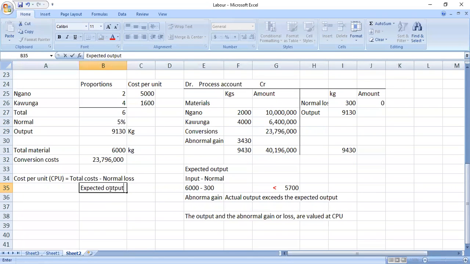If you don't want to say expected output, we know that expected output is given by input minus normal loss.